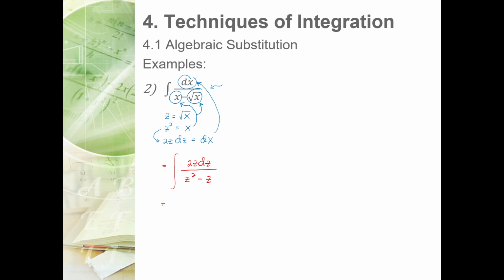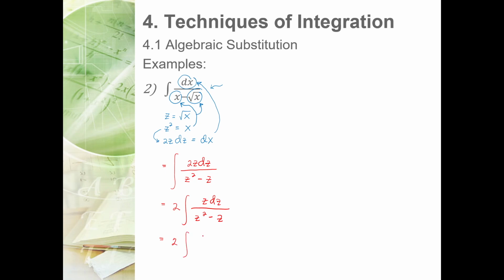Okay, so if we factor out the constant, we have 2 times z dz all over z squared minus z. Of course we can still simplify the equation by factoring out one z in the denominator.